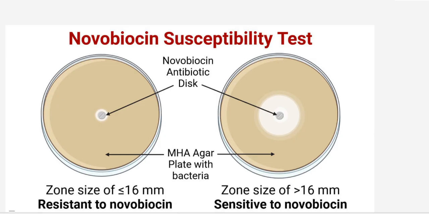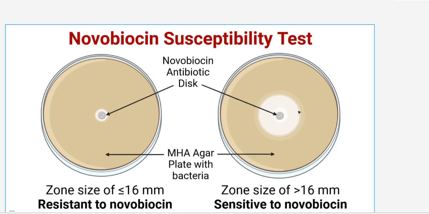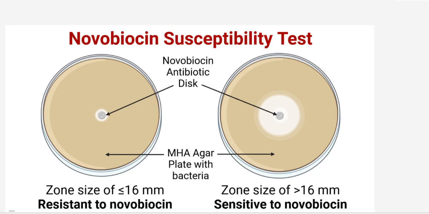Now, you can see that for one of them, there's this ring around the disc. This means there's a zone of inhibition. The clear ring basically means that this dish is sensitive to novobiocin. And no ring around this disc means that it is not sensitive, it's resistant to novobiocin.